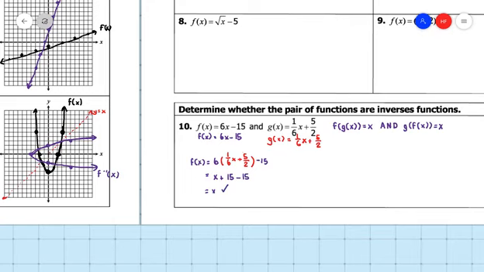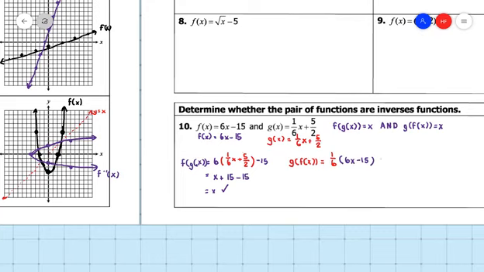Now let's do the same thing with g of x. So g of f of x would equal 1/6. Replace my x. Let me rewrite this really quick over here because this is f of g of x. There we go. So now instead of x, I'm writing 6x minus 15.